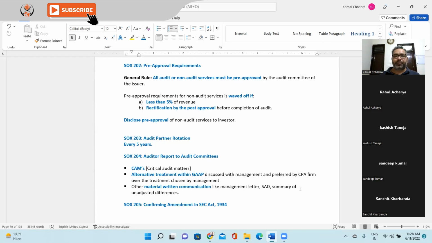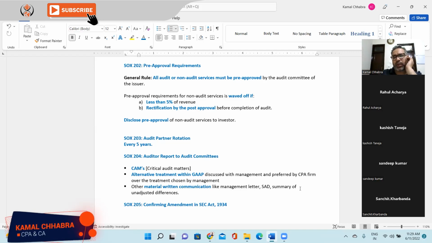When and why? When your total revenue from the non-audit service is less than 5%. For example, if you are charging $100,000 to provide audit service to a client, and during the audit you come to know of an accounting matter which the company is not following properly, and you have given advice or issued a white paper to the company and charged, let's say, $2,000 for that, that is less than 5% of your total revenue.